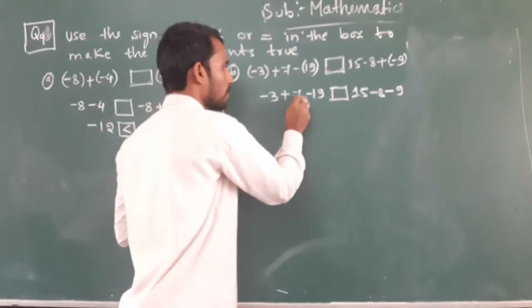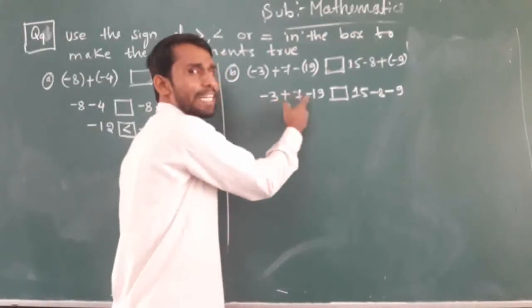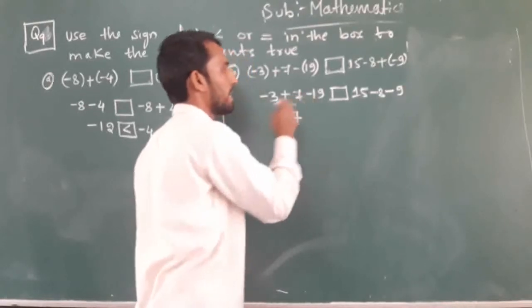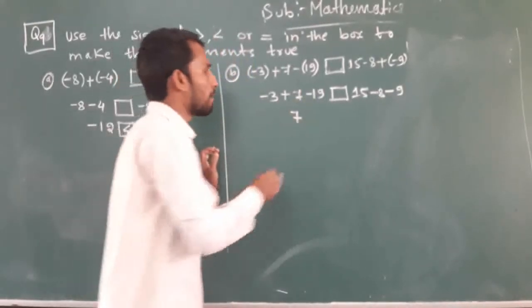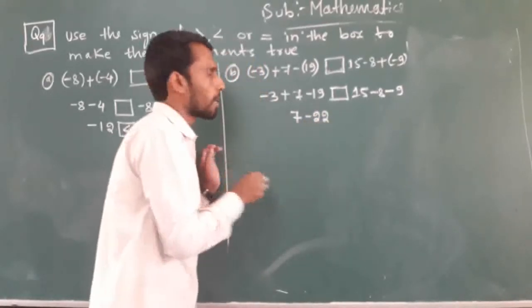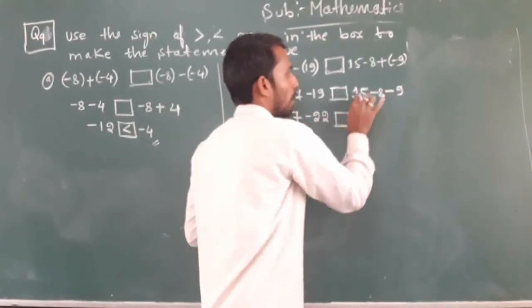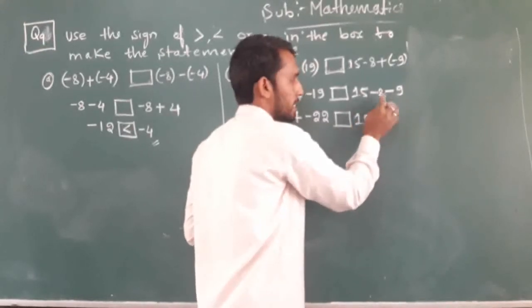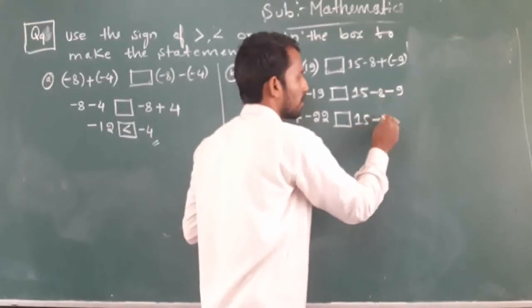When we add the negative integers, first I get 7, then when we add negative integers I get minus 22. Next, 15 and the negative integers give minus 17.